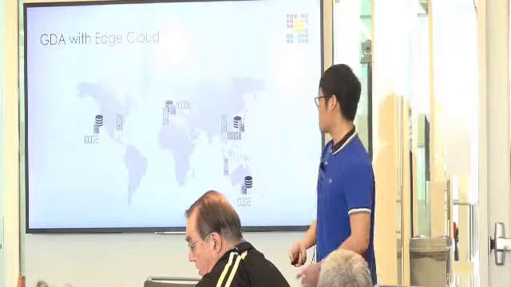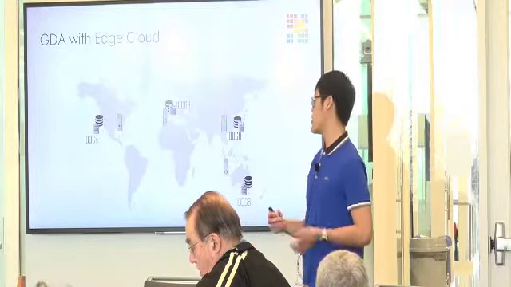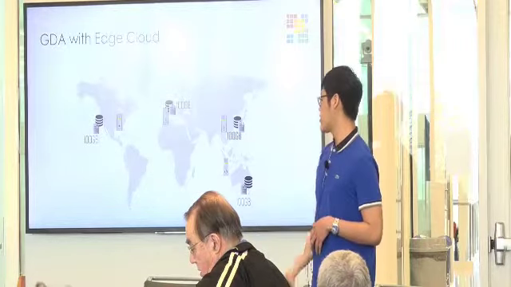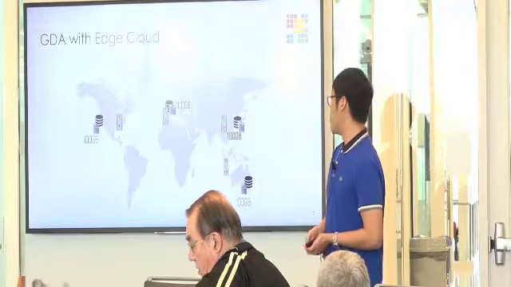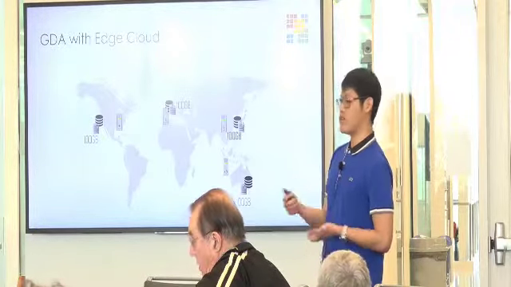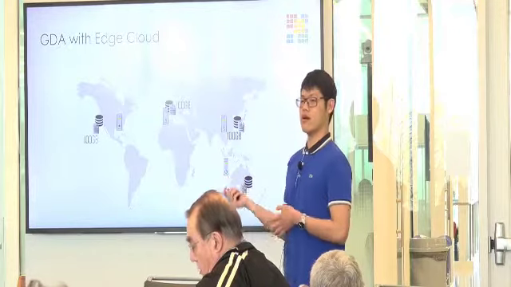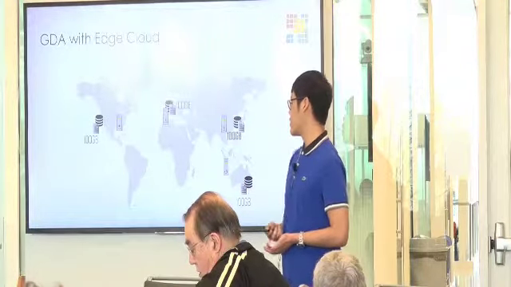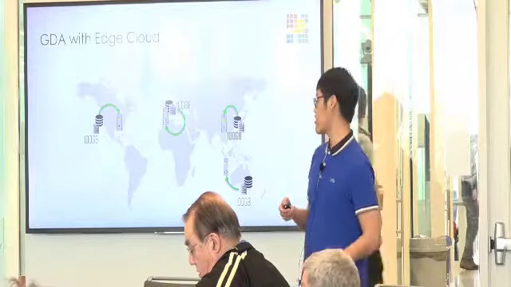Alternatively, we can also try to utilize any computational resources that are located close to the data location. We call these resources edge nodes, and we call the system that uses these edge nodes an edge cloud. Although the computational power provided by the edge nodes may not be as powerful as that of a data center or cloud, we can still use these computational resources at the edge to pre-process the data.